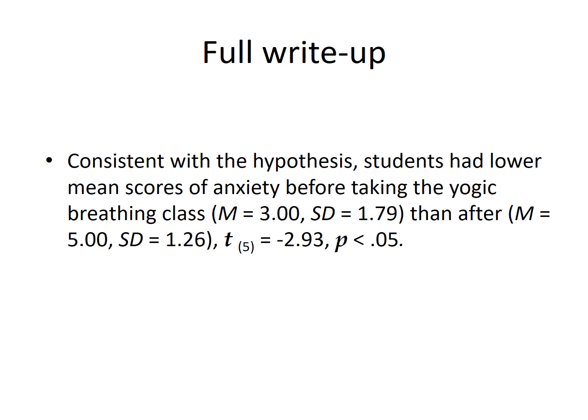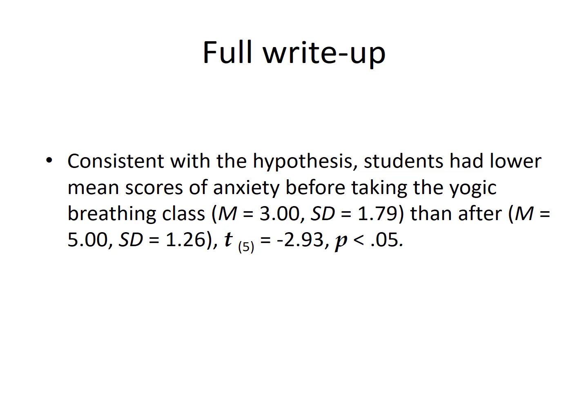That t is referring to the test we used, a t-test. That 5 in parentheses is referring to the degrees of freedom, which for a dependent samples test is n minus 1. Then we have that equal to the obtained t-value, which if we look at the previous slide was negative 2.93. And then I ascertained the p-value by using my significance level by using the critical values table.